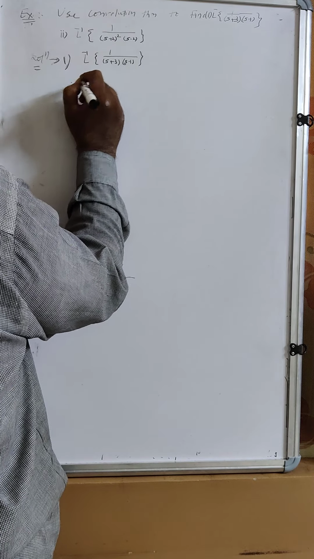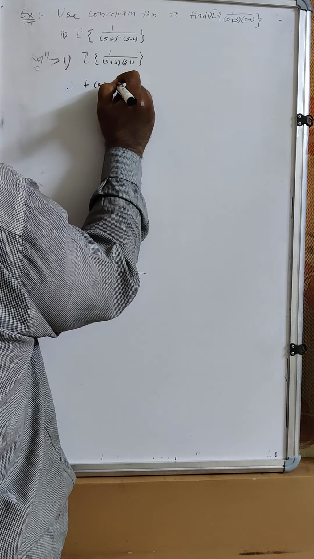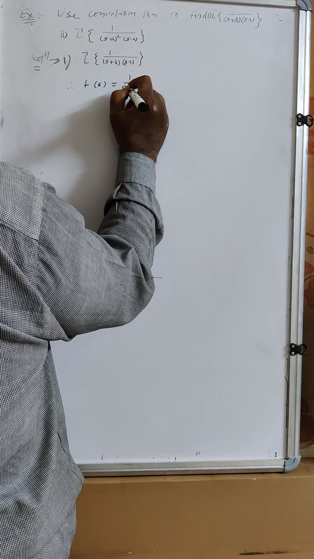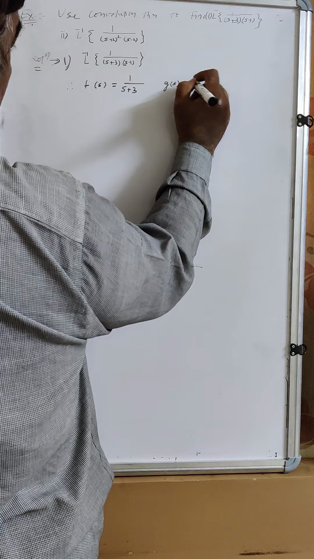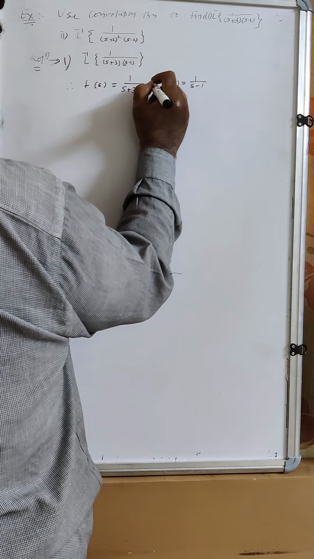Therefore, F(s) is equal to 1 upon s plus 3, G(s) is equal to 1 upon s minus 1.